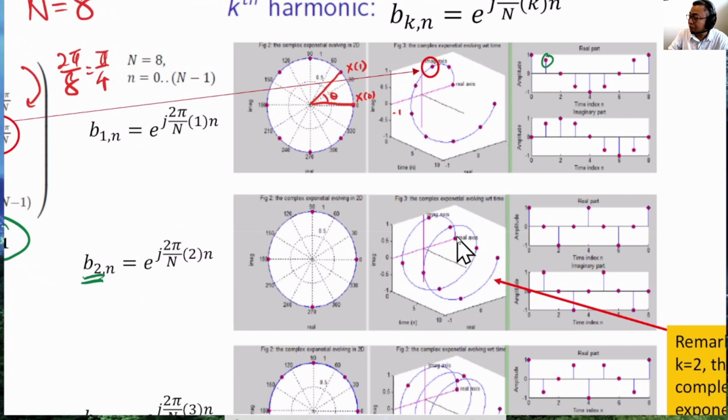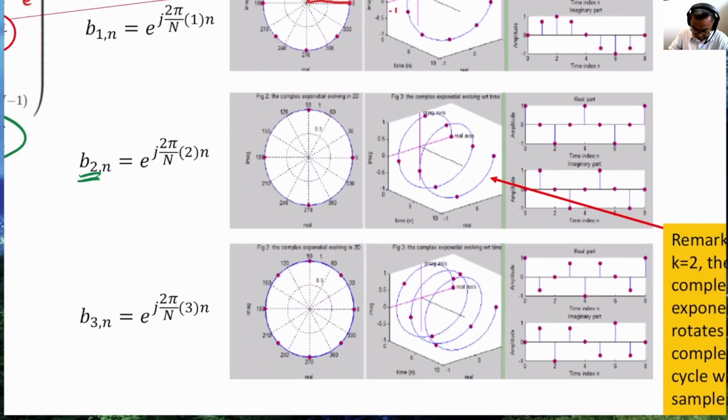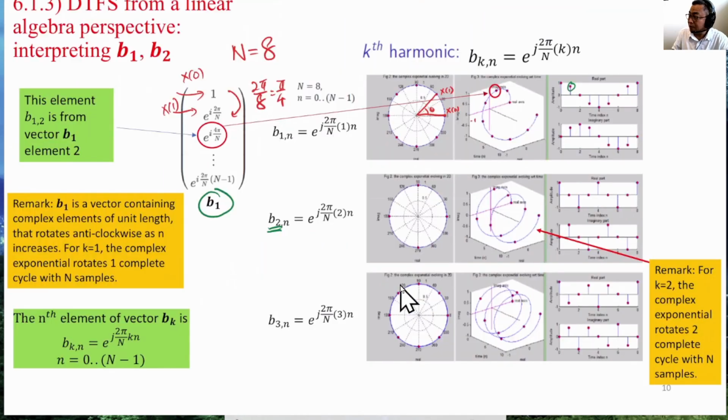The other way to look at it is that in every 1 sample, B2 jumps by 90 degrees, compared to the previous one, which jumps by 45 degrees. What about B3? B3 is even faster. In 8 samples, it completes 3 rounds. In 1 sample, it jumps by 45 degrees times 3. So now we know what is B1, B2, B3.